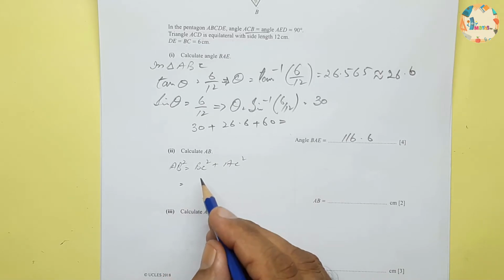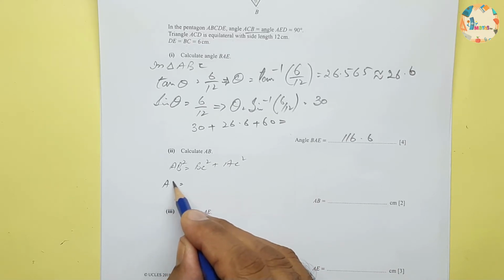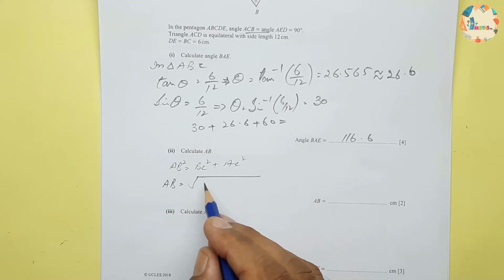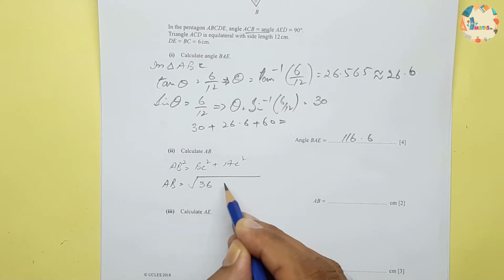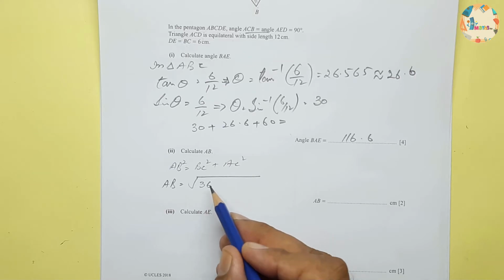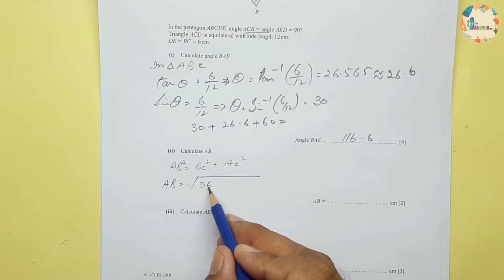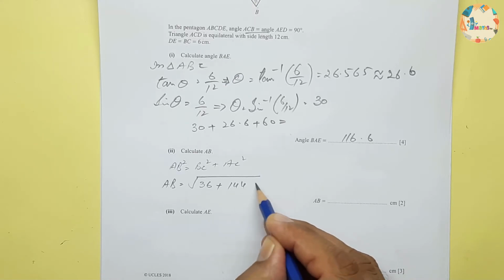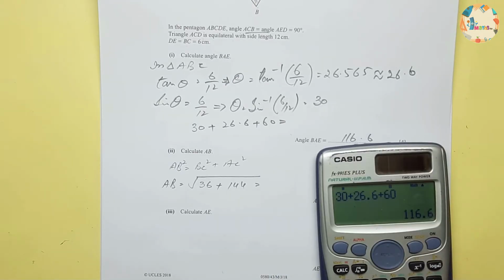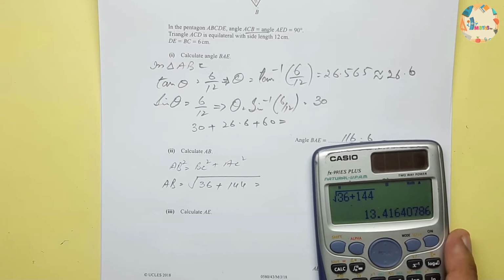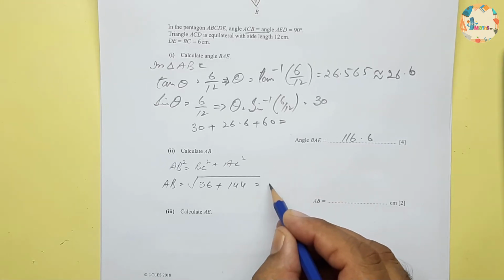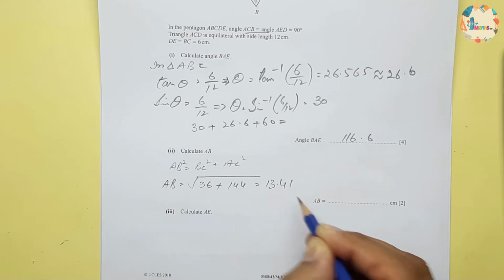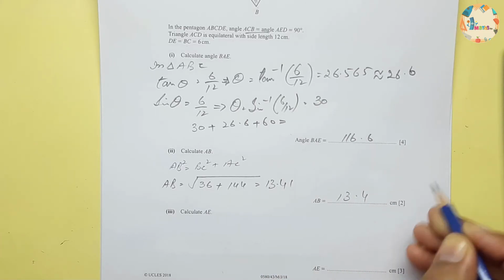So AB will be equal to root of BC squared, 6 squared will be 36, and 12 squared will be 144, so we can write this, and we can calculate this one. Root of 36 plus 144 will be equal to 13.41, so the answer will be 13.4.